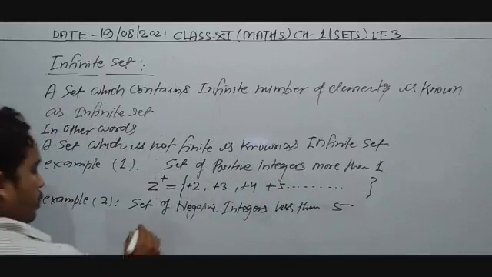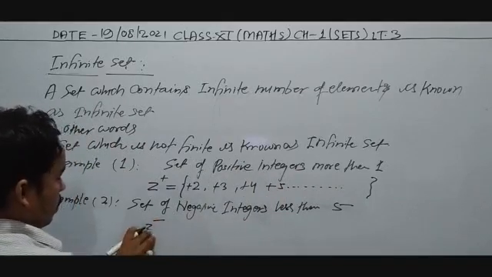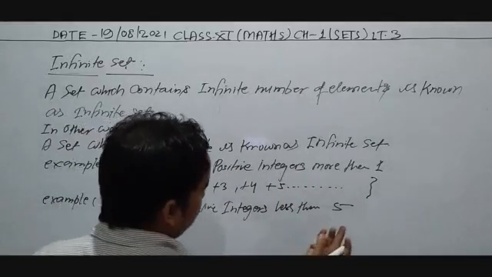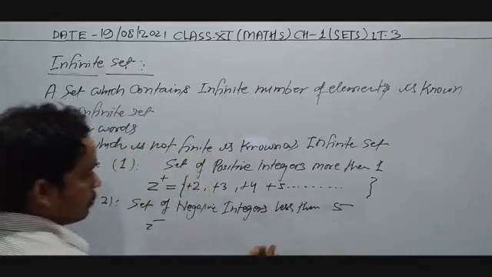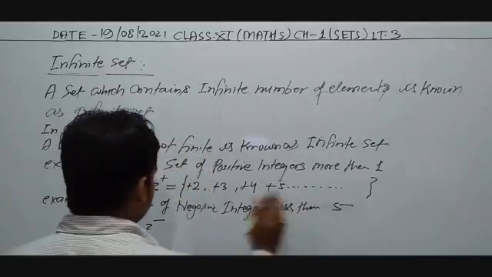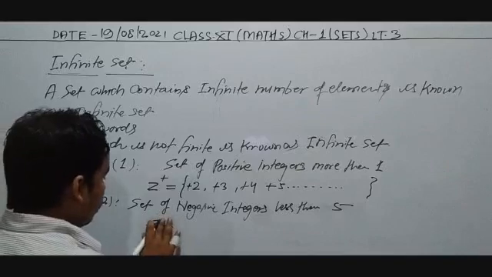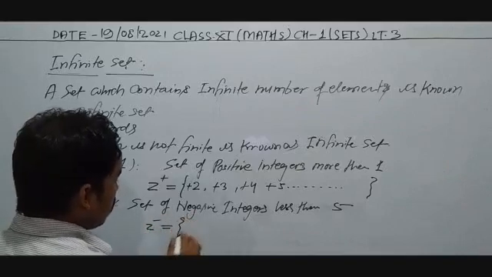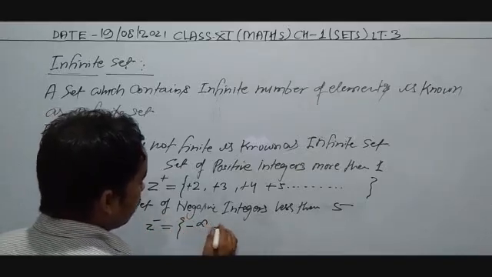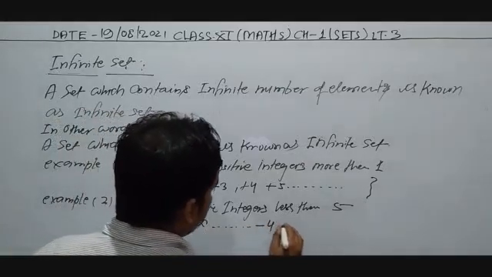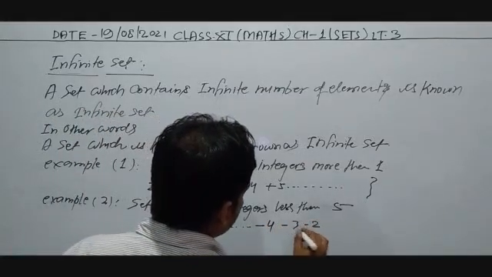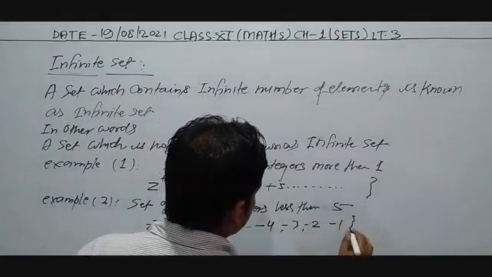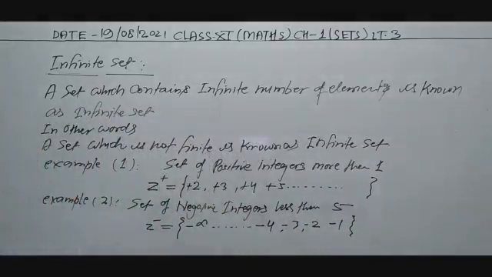Then you will see there are numbers plus 1, plus 2, plus 3, plus 4, that are positive integers less than 5. So you will not take those, only you will take negative integers. So negative integers from minus infinity up to minus 4, minus 3, minus 2, minus 1. This is the set of negative integers less than 5.